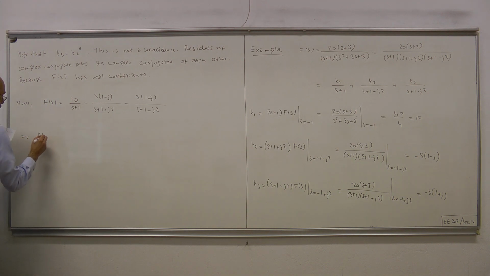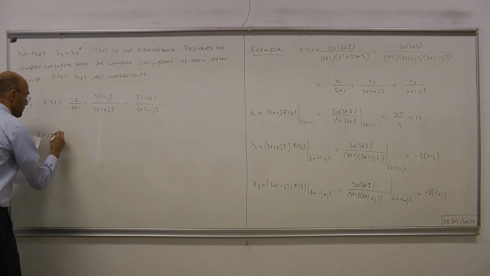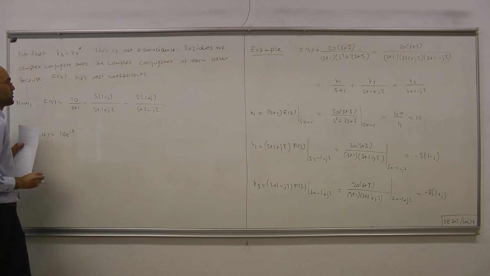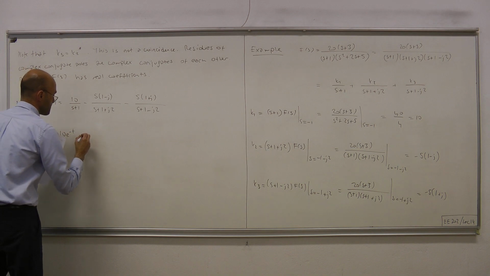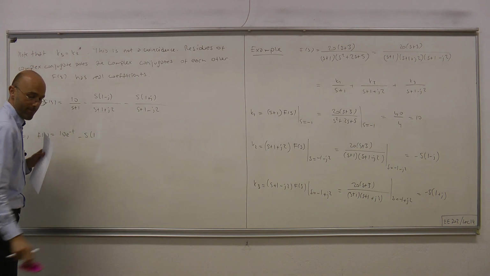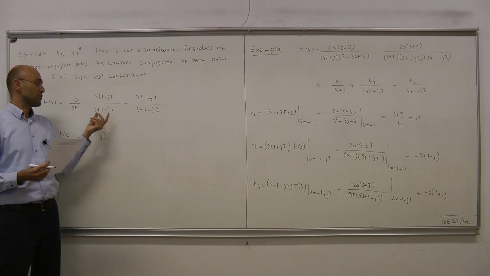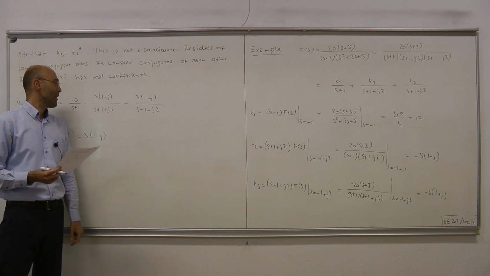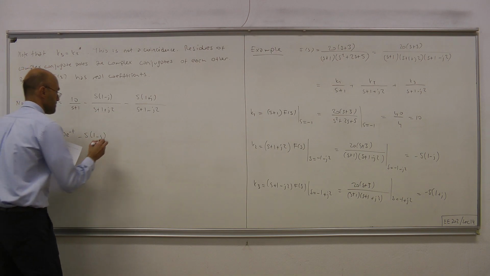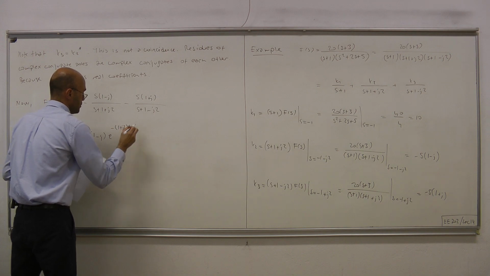That means f of t equals the Laplace transform of the first term, which is 10 e to the minus t, minus 5 minus j times the Laplace transform of 1 over s plus 1 plus j2, and that's e to the minus 1 plus j2 t.